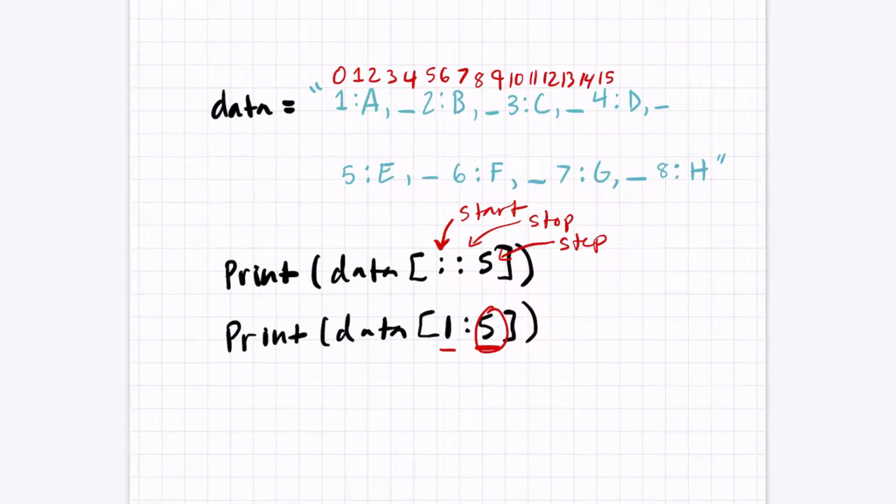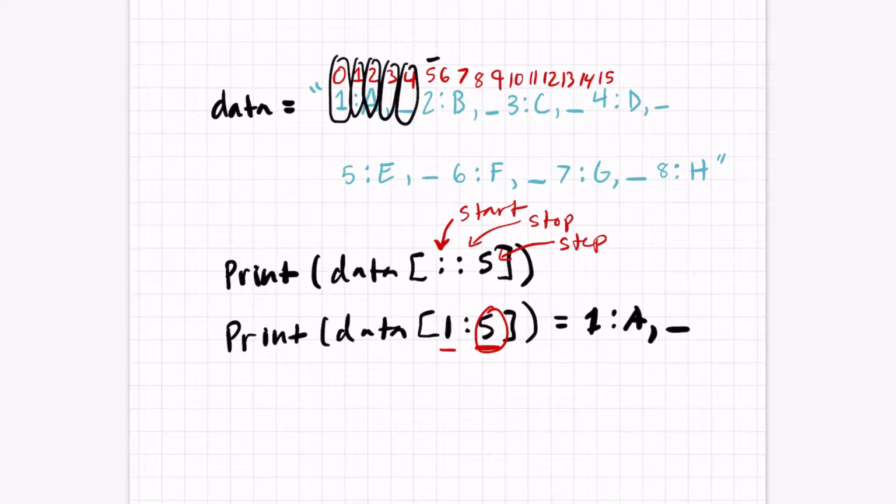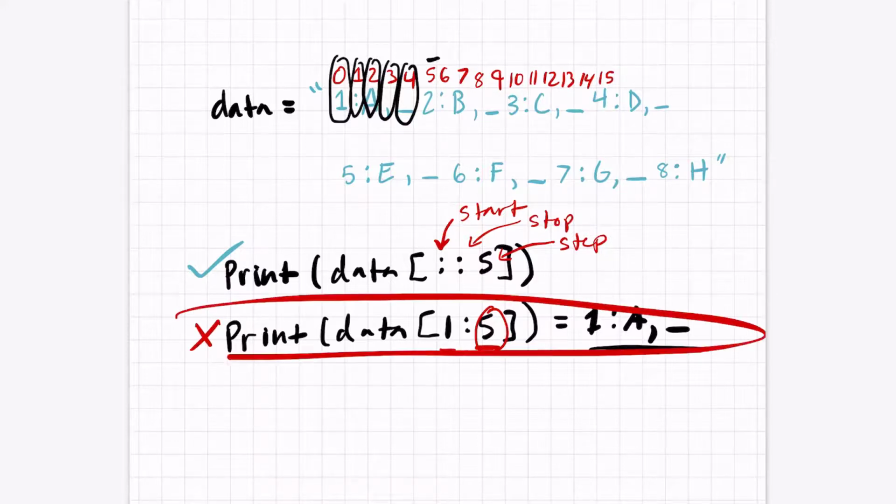So you're going to grab 0, and grab 1, 2, 3, and 4. You went up to 5, but you did not include it. So this would give you like 1 colon A space, and that's about it. That would be what you would get out of it. So this one does not work. So just to show you, that one works. This one does not. So this is clearly our answer.